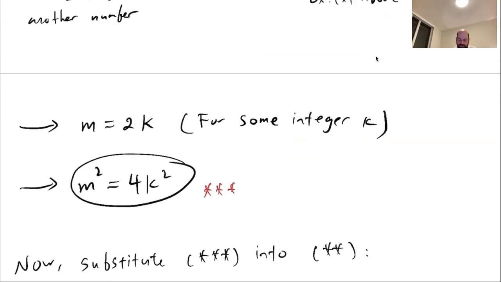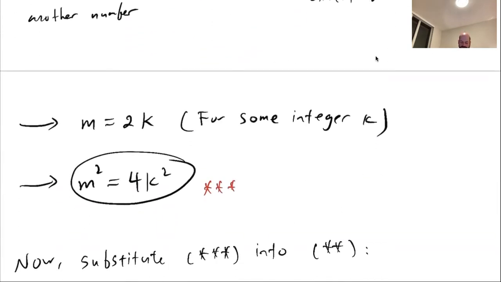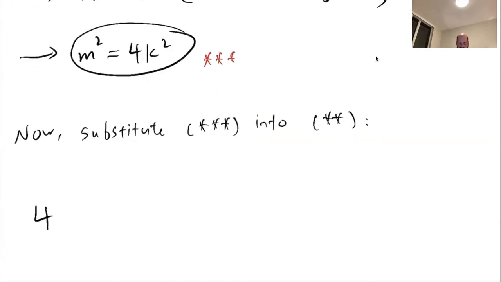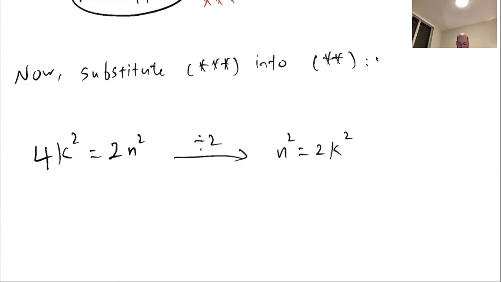What do I get? M squared is 2n squared and m squared is 4k squared, so 4k squared is equal to 2n squared. If I divide both sides by 2, I get n squared equals 2k squared. And that means n squared is even.